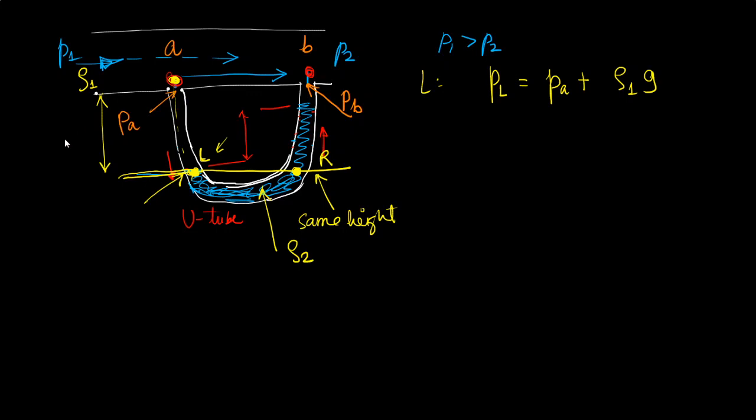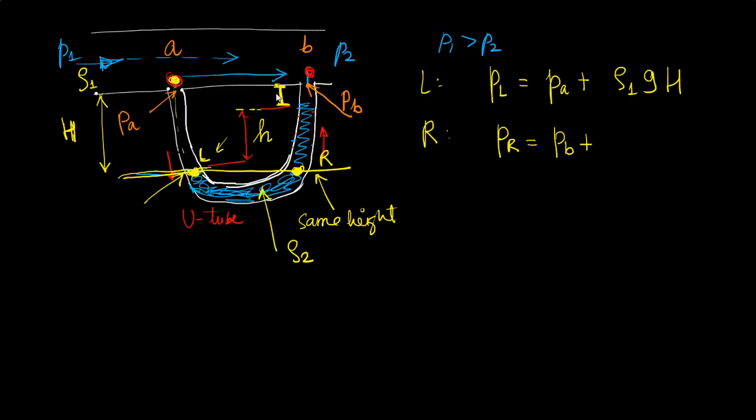So what will be this height? Let us call this height capital H. Let me call the difference in height between the interface of the fluids in the manometer small h. So what is the pressure at point R? It will be pressure at point B plus density of fluid 1 times this particular height.